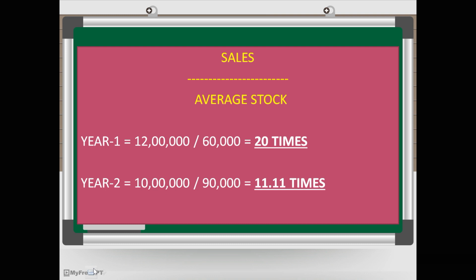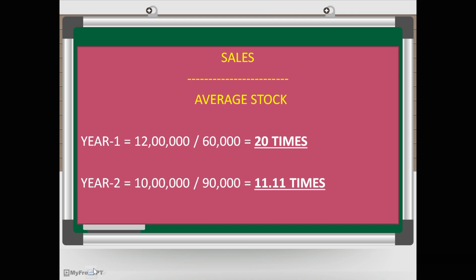Now, year 2. What's the amount of sales for second year? 10 lakhs. That is given in the question. It is divided by the average stock of second year, which is 90,000.